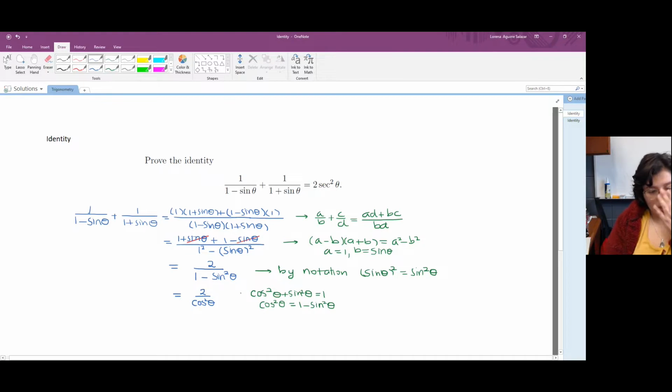And then at this point, we double check how far we are from getting to what we need. We need to get to twice secant squared of theta. And so far we have 2 over cosine squared of theta. The 2 we need to get is already there, because this is 2 times 1 over cosine squared of theta.